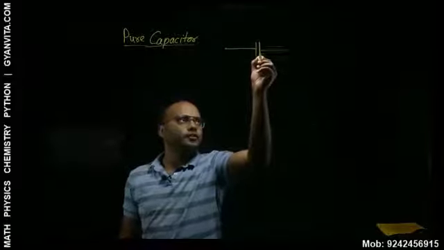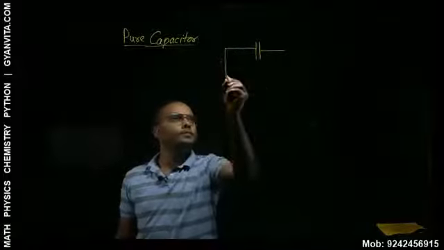Okay, so that was the pure inductor. Now let's move to the next circuit element, the pure capacitor. In this circuit there is a capacitor, which you show by two parallel lines.